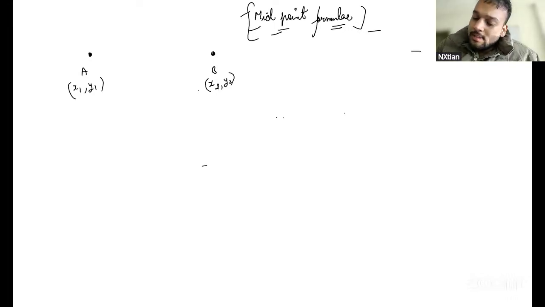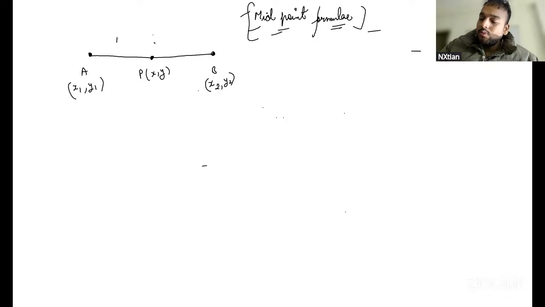Now this point, which has coordinates x comma y, divides the segment AB into a 1:1 part, meaning equal parts. Because it is equal, AP is equal to PB.